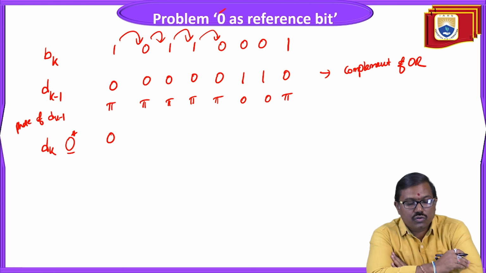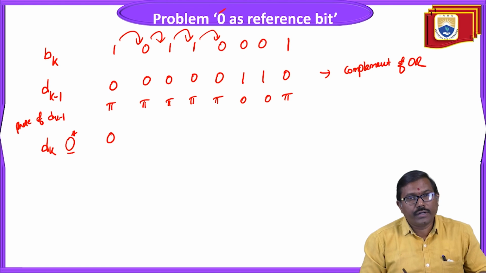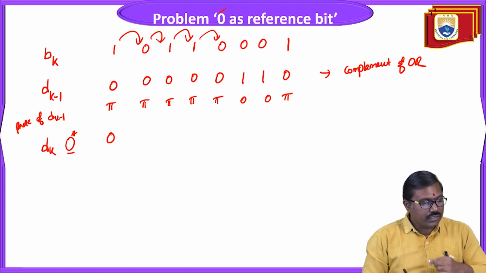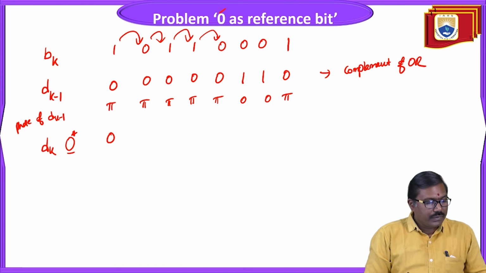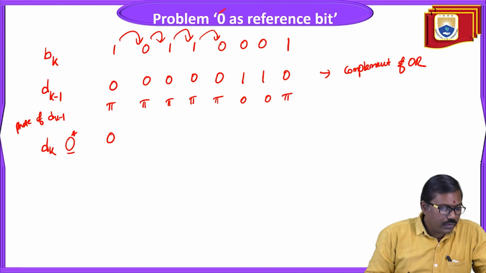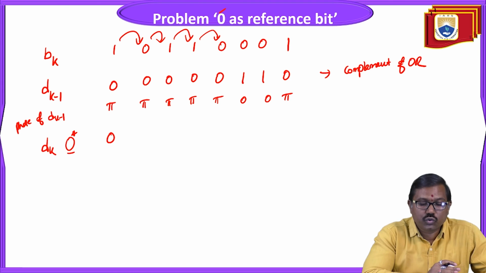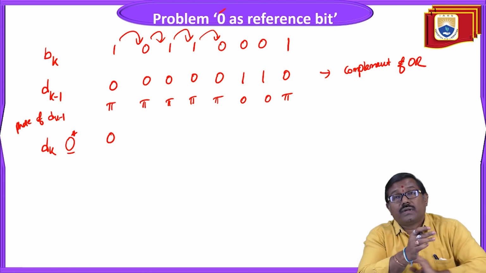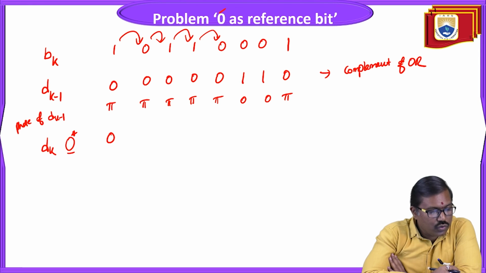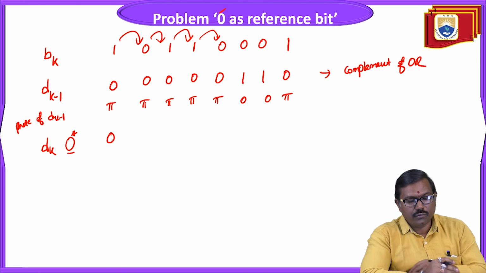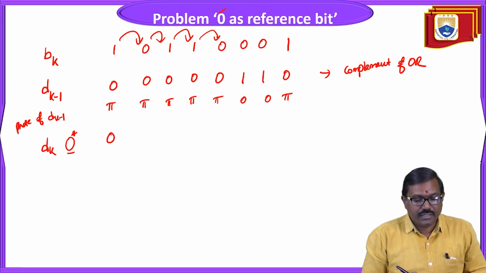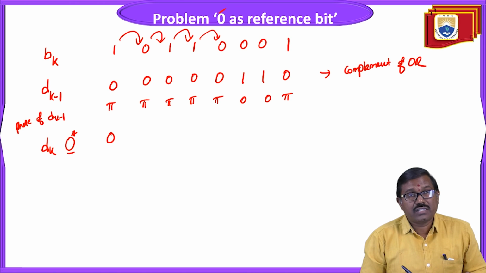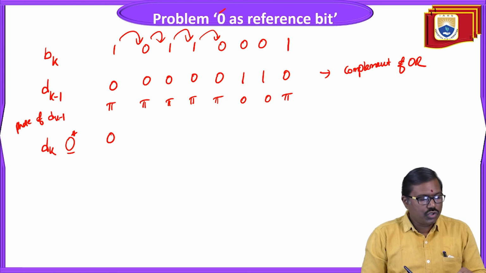Okay, so here we are going to produce this DK, similar to what we discussed in the problem with 1 as the reference bit. From that we are going to generate this DK. So what did we take? It is the complement of the modulo-2 adder.